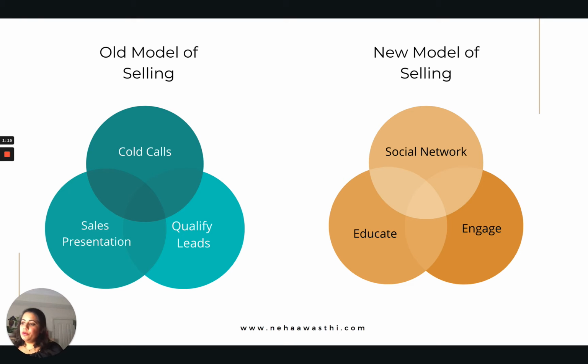And once you arrange that meeting, then you have a sales presentation. In that sales presentation, you get to qualify the leads, people who are interested in what you're selling in terms of your product or service. You qualify those leads and then you take them further to making the actual sale.